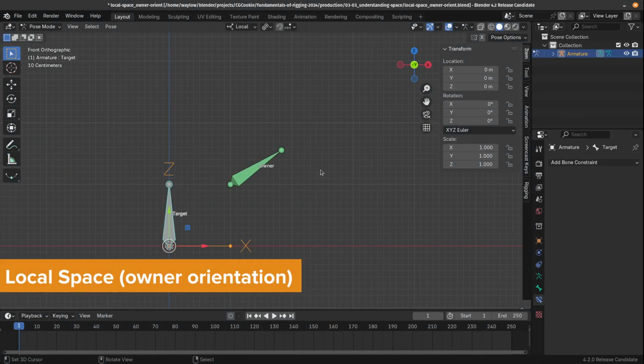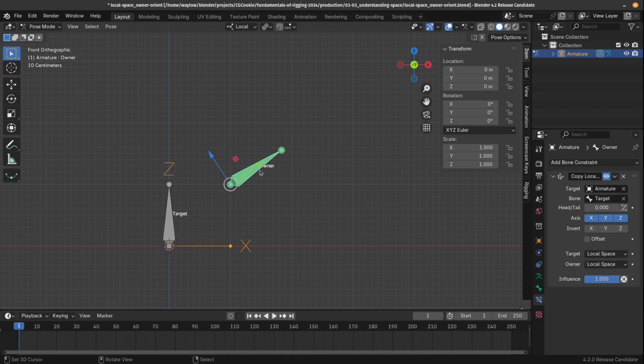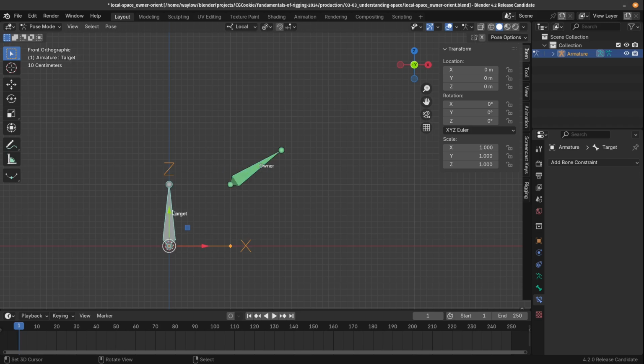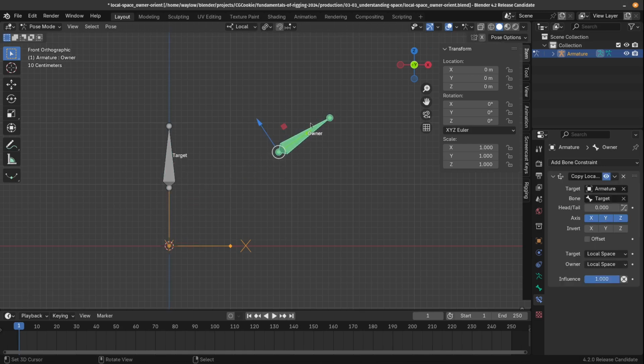One other flavor of local space that is only available for bones is local space owner orientation, and that's got to do with constraints. So here I've got a setup where we have a constraint on this owner bone. It's going to copy our target down here, and the default local space behavior is when I move the target on its local y-axis, the owner is going to move on its local y-axis.